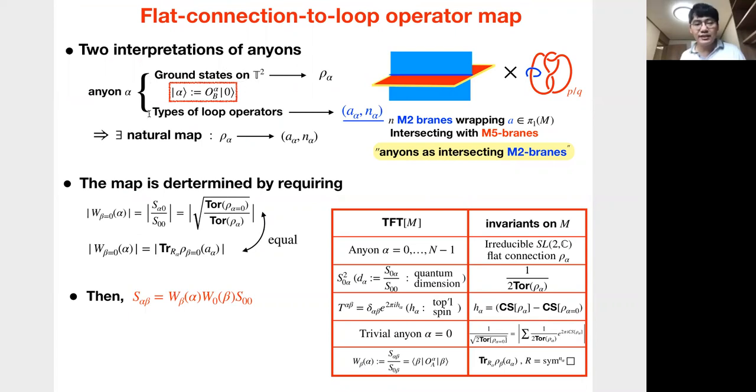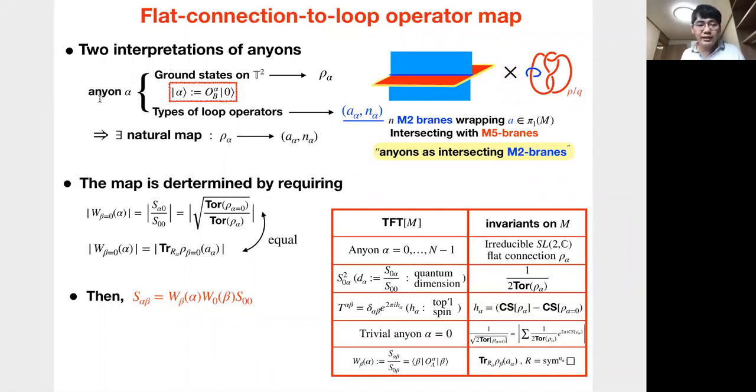The other is that it can be regarded as a type of loop operators. In terms of 3D correspondence, these ground states are related to the vacua on the internal 3D manifold, which are given by the flat connections. So in this map, we identify the anyon as related to a flat connection.